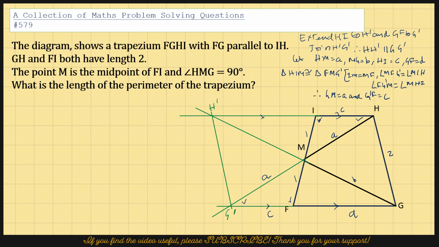So the next thing is applying similar logic to triangles H dashed IM and FMG. We can prove that they are congruent. So triangle H dash IM is congruent to triangle FMG.